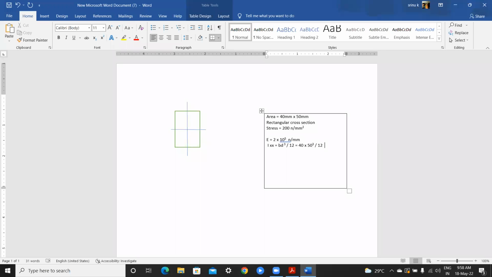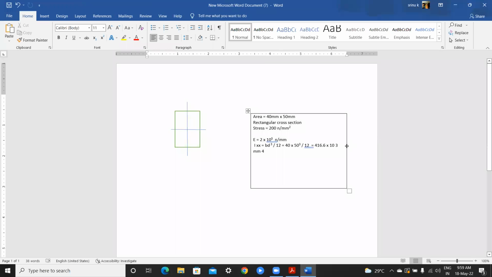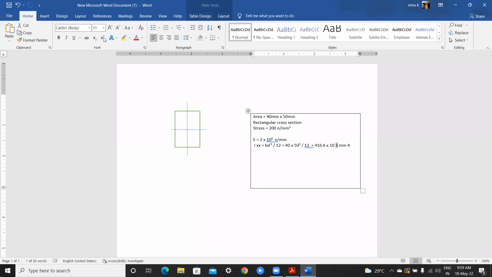Then the value will become 416.67 into 10 cube mm power 4.